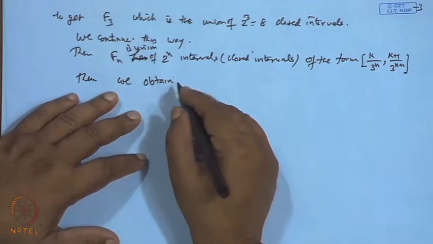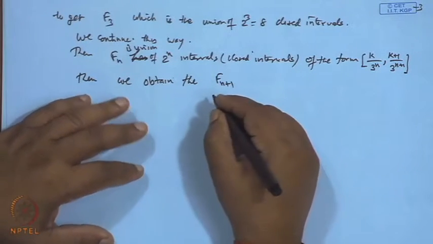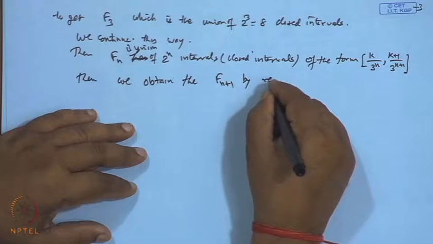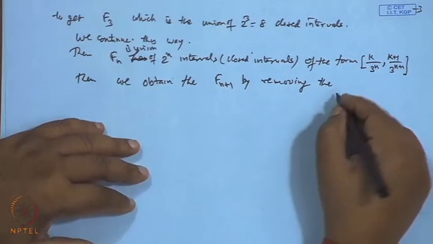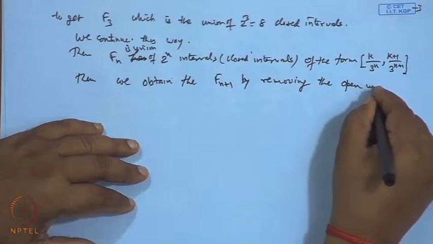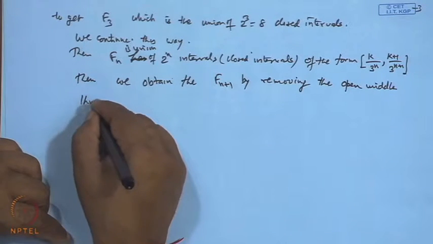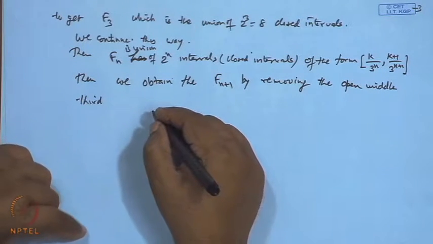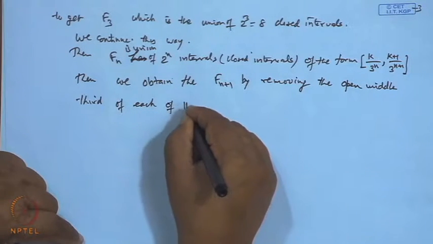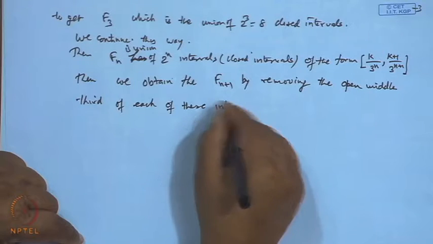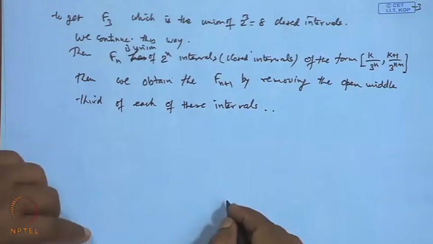Then we obtain the set F n plus 1 by removing the open middle third of each of these intervals. And like this. Then what is the Cantor set?